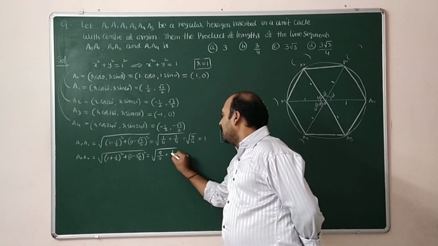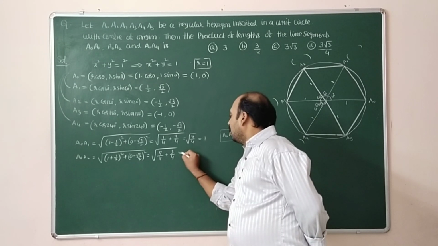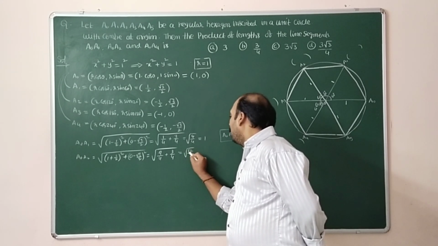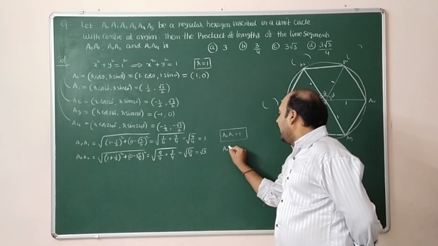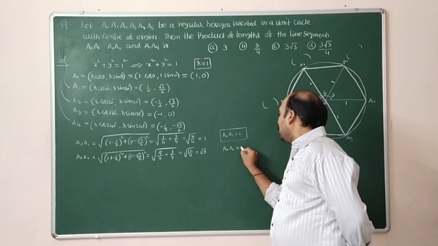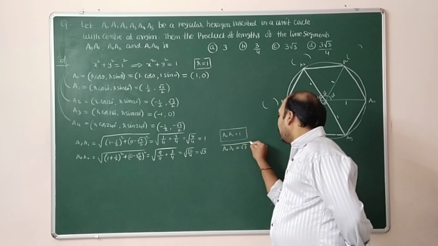Next, root 3 by 2 whole square is 3 by 4. Root 12 by 4, that is equal to root 3. Therefore, A0A2 is equal to root 3.